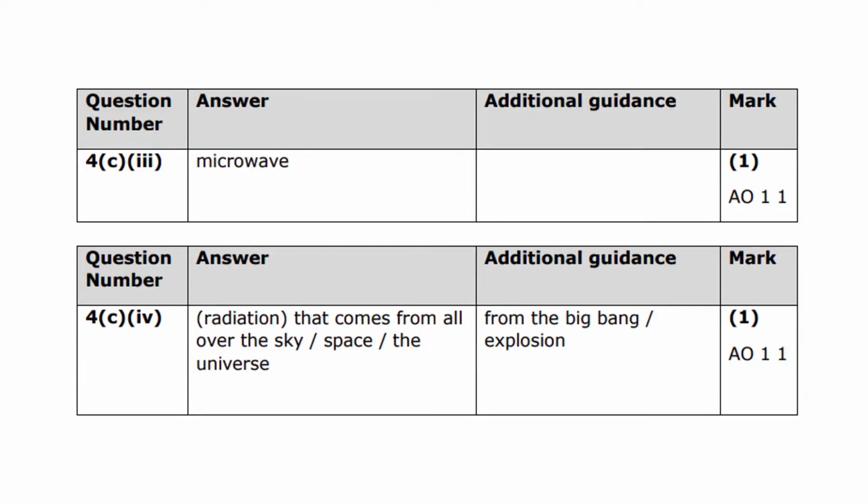Radiation that comes from all over the sky. So wherever you point your microwave detector, it would appear to come from everywhere, and it's leftover radiation from the Big Bang explosion. It was a really big piece of evidence. That's why they ask it a lot in these exams, for the Big Bang and not the Steady State. There must have been something to cause it.